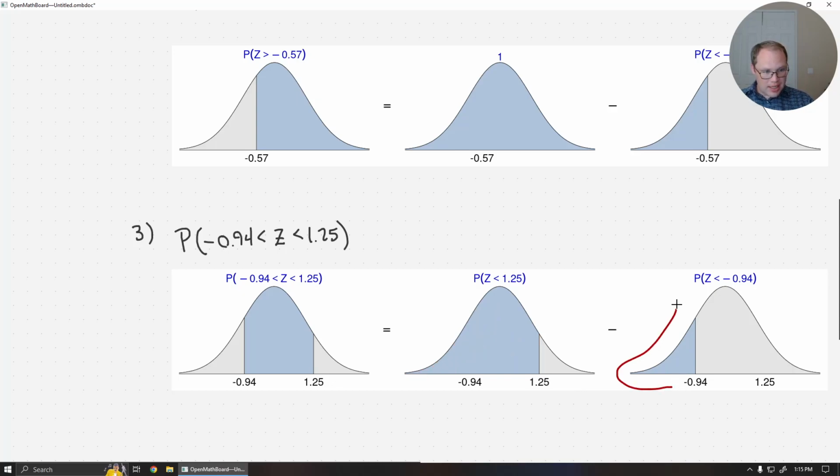Whenever you're calculating the probability between two numbers, it's always the probability to the left of the larger value minus the probability to the left of the smaller value. That makes sure you stay in between those two numbers.